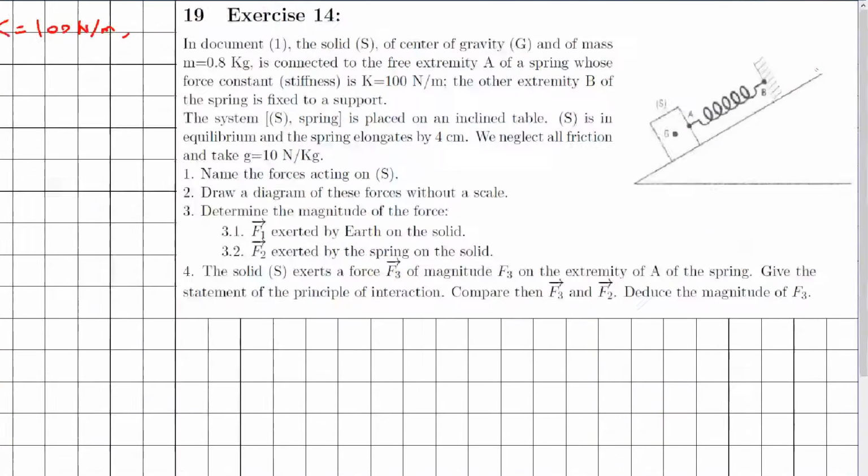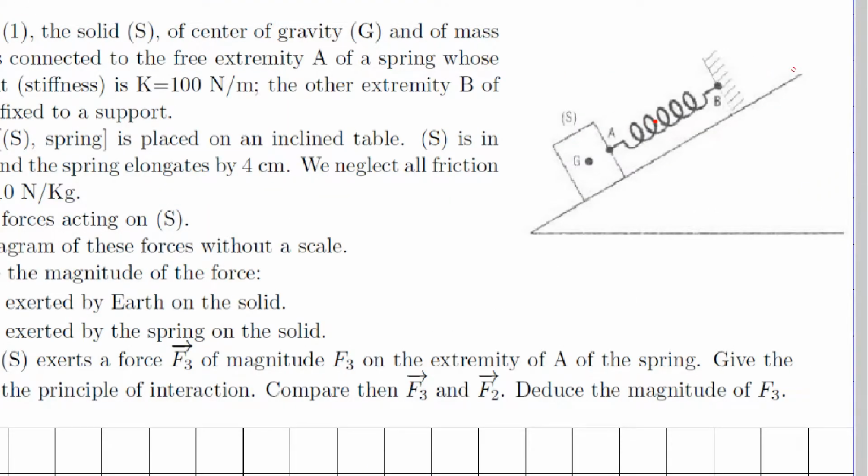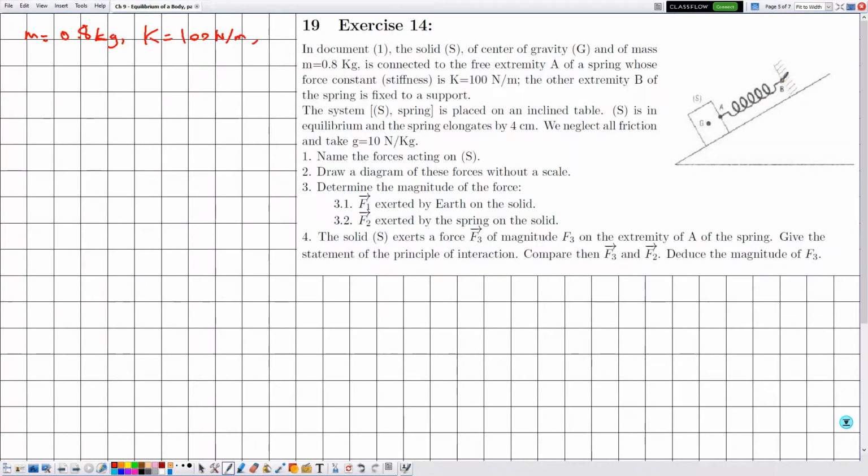Okay, so here we have the solid. The solid S is connected to the spring at the point A, and the spring is connected to the support at the point B. Now the system S spring is placed on an inclined plane. S is in equilibrium, so at any moment in this exercise we can use the condition of equilibrium. And the spring elongates by 4 centimeters.